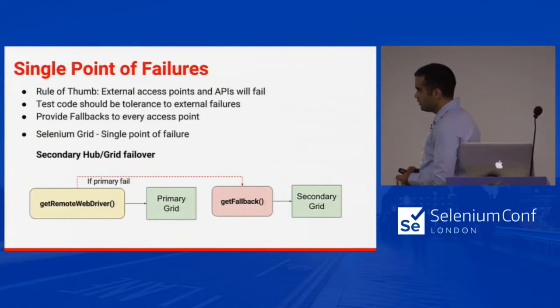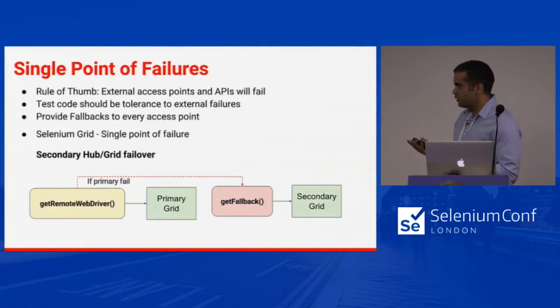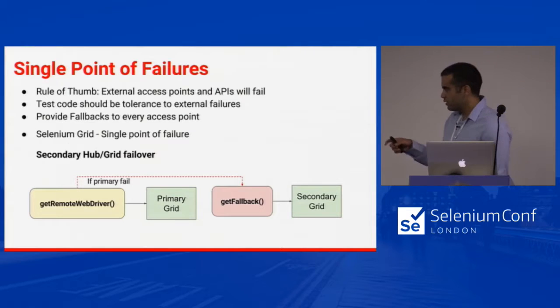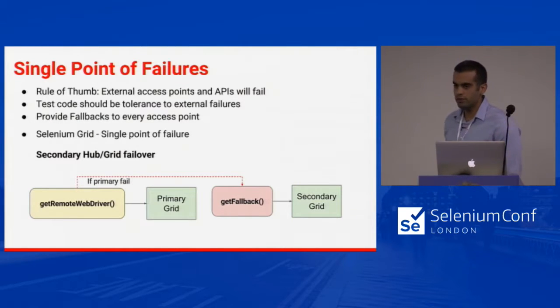If I implement a failover mechanism based on a secondary hub or entire grid, which can operate in standby mode, I can route all my get remote WebDriver requests to the secondary grid in case my primary grid is down.